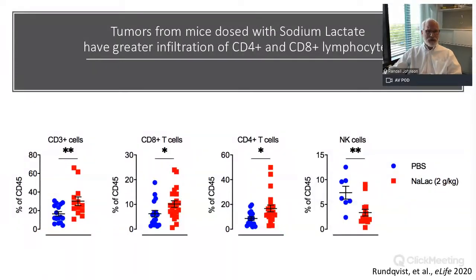And in fact, what we saw in the tumors from those animals is there was an increased infiltration of CD8 positive T cells as well as CD4 positive T cells, and a significant decrease, interestingly, in NK cells during the course of those injections. So we were really changing infiltration parameters and profiles simply through a daily injection of lactate and a single spike per day, similar to what would have been seen from an intense bout of exercise.